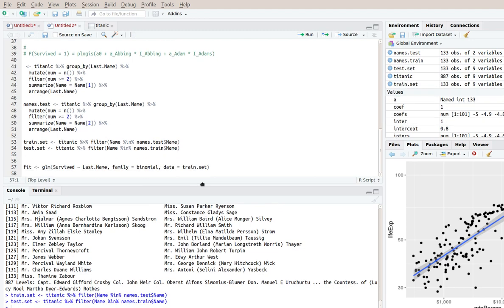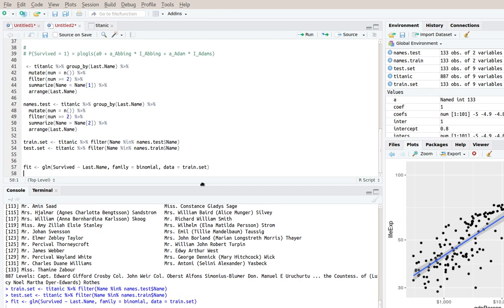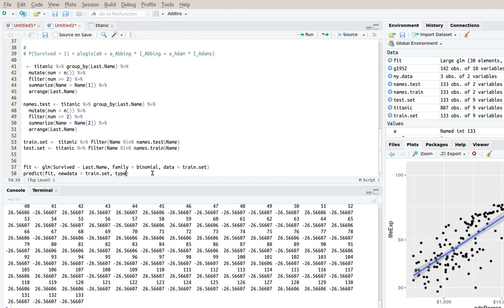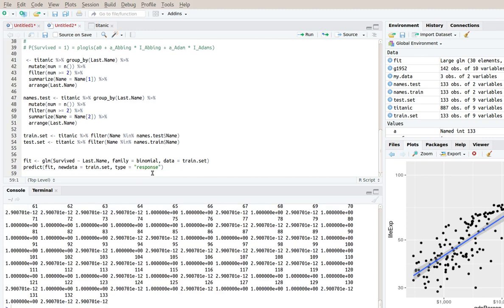Okay. Now I'll fit on the train set. Here it warns that the algorithm did not converge. The reason is that it tried to make the probabilities really, really close to 100, but it couldn't and needed to stop somewhere. So it's actually fine. It's just warning us. I can now predict for the train set. I need to say type equals response, of course. And I'll say 0.5.